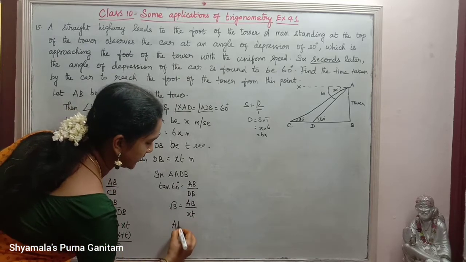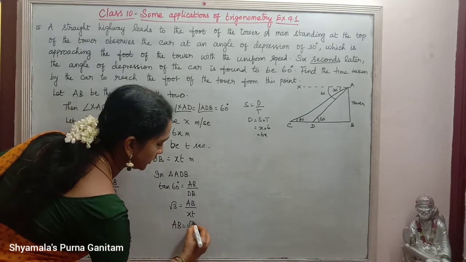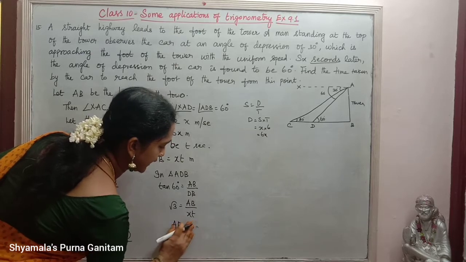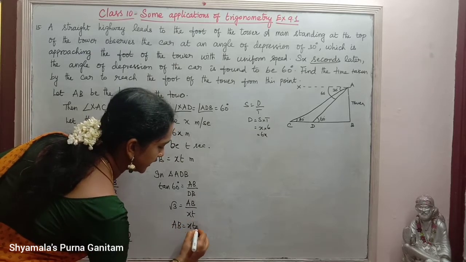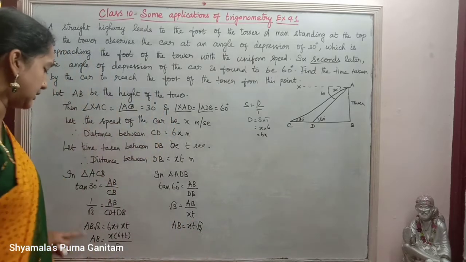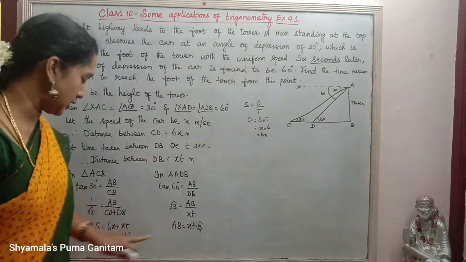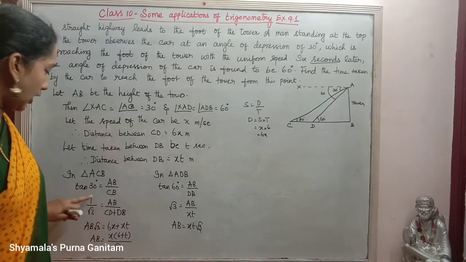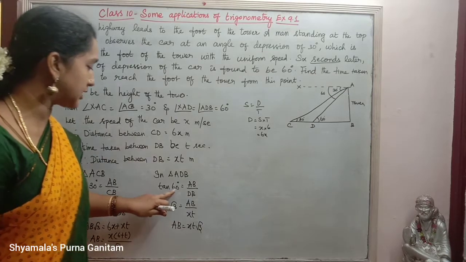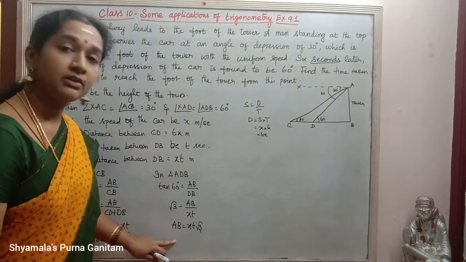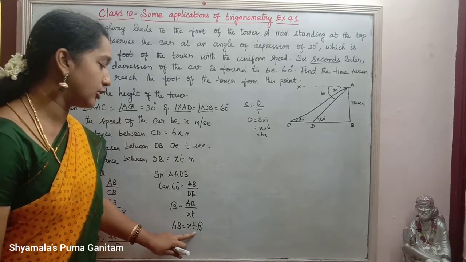So AB is equal to root 3 into xt, that is xt root 3. This is also the distance AB, according to tan 60, while the earlier one was according to tan 30.